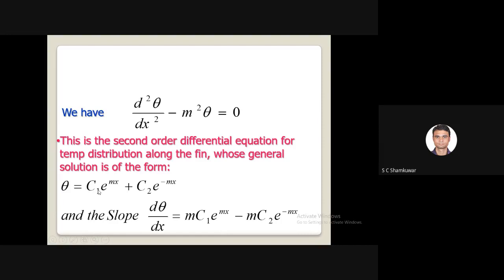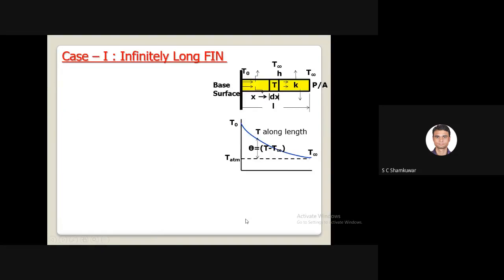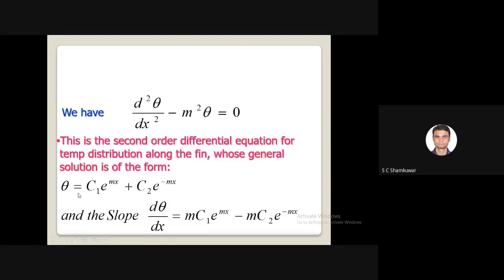If you differentiate this equation, d theta by dx, you will get m C1 e to the power mx minus m C2 e to the power minus mx.